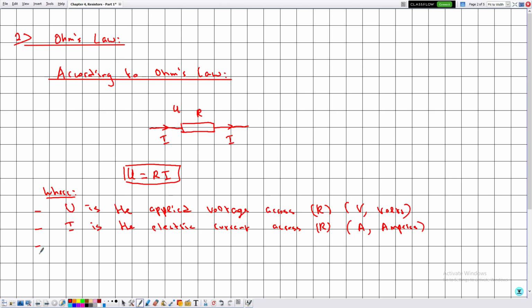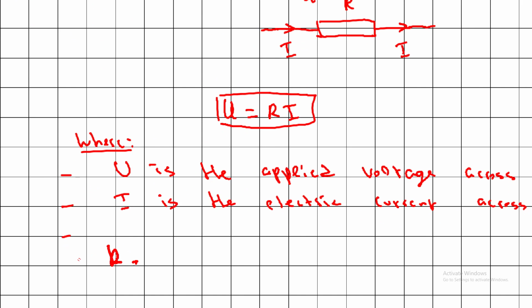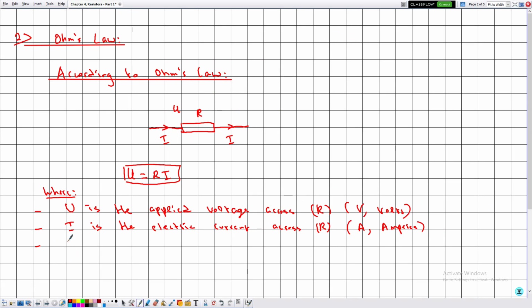And finally, R, which can be defined by the ratio U divided by I, R is the resistance, and its SI unit is given by omega, which stands for ohm.